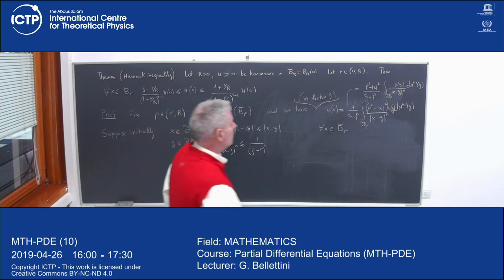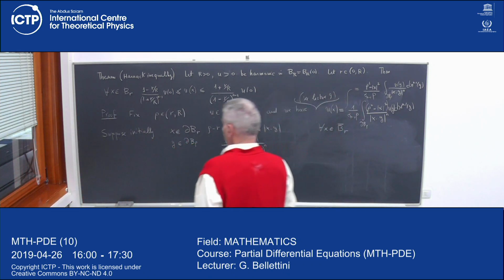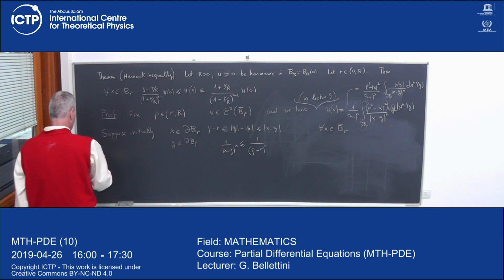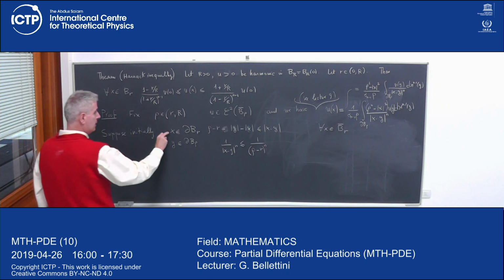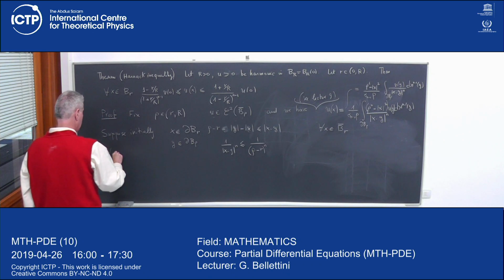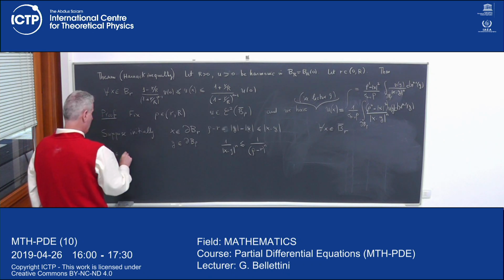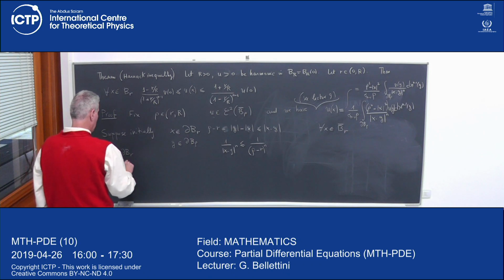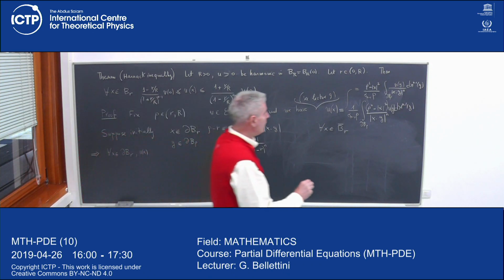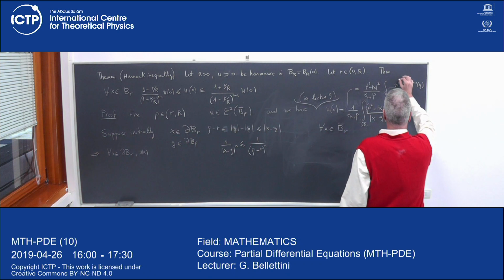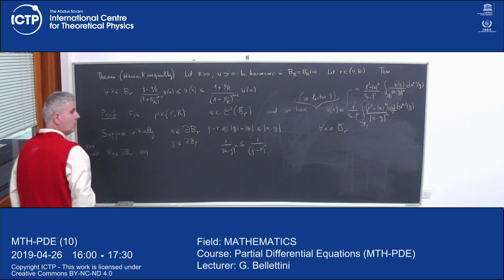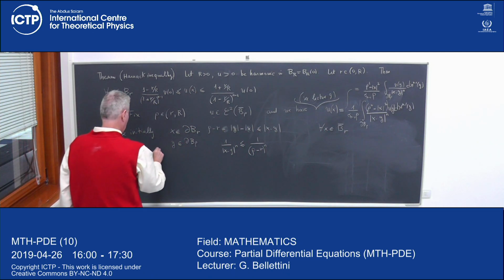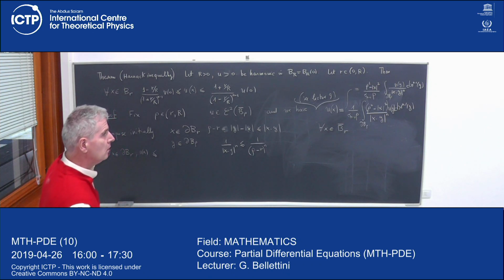So, from this formula here, we get that as soon as x is on the boundary of the ball of radius r, using the fact that u is positive, not negative, we have the following upper bound.